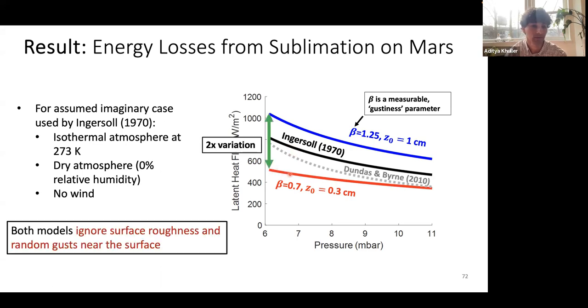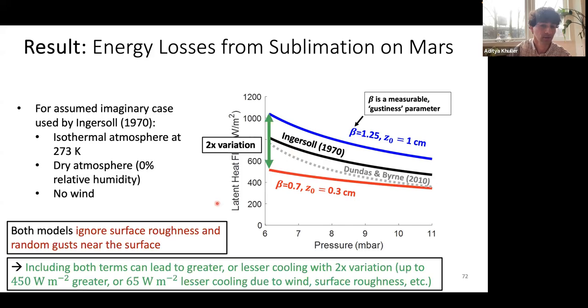So that's what we're trying to understand. And why there's a difference is, again, they're ignoring the roughness and these gusts at the surface. And here I showed this one simplified case. When we explored a bunch of cases, you can basically have errors of up to 450 watts per meter squared. And all that depends on how rough the surface is, the wind speed, things like that.